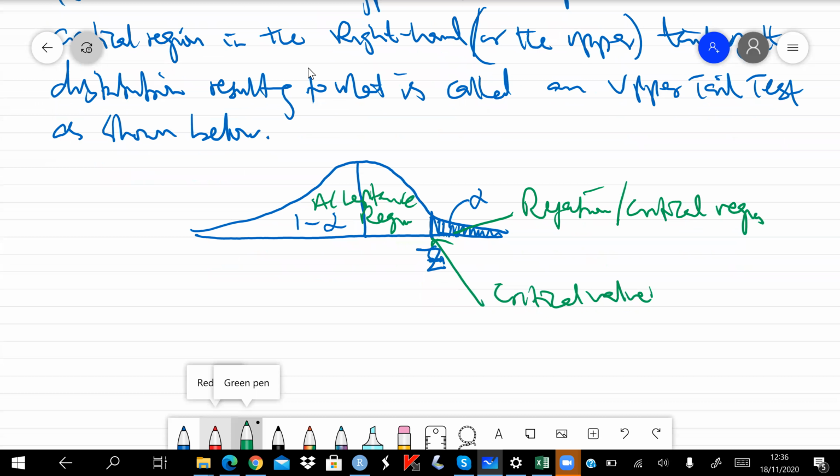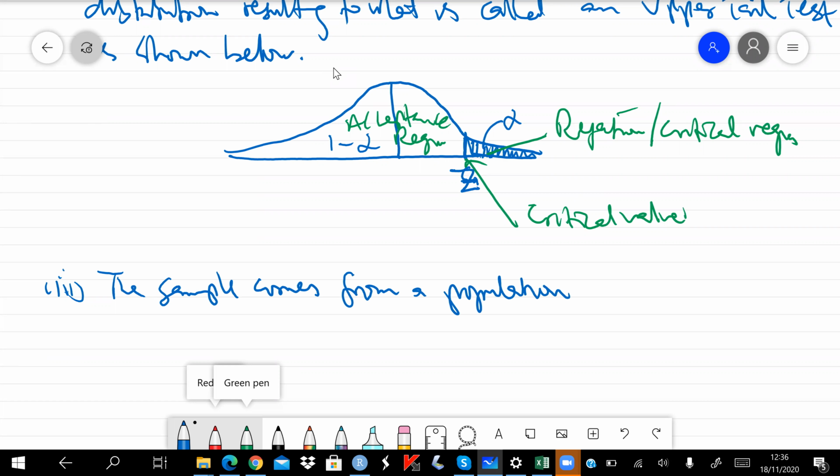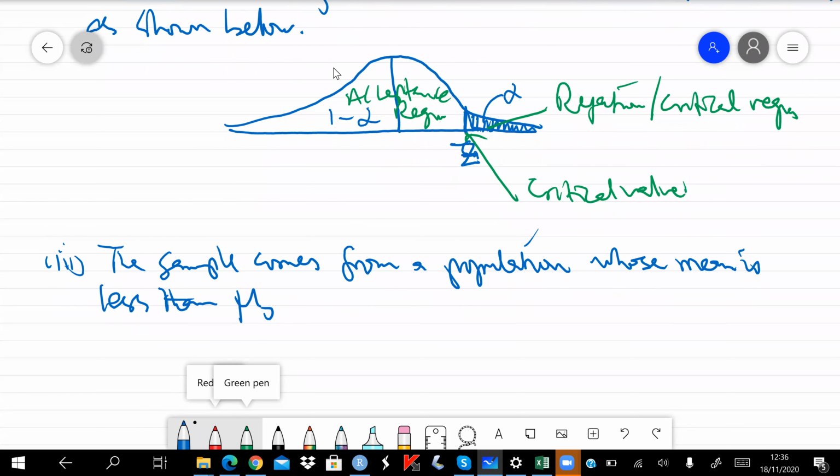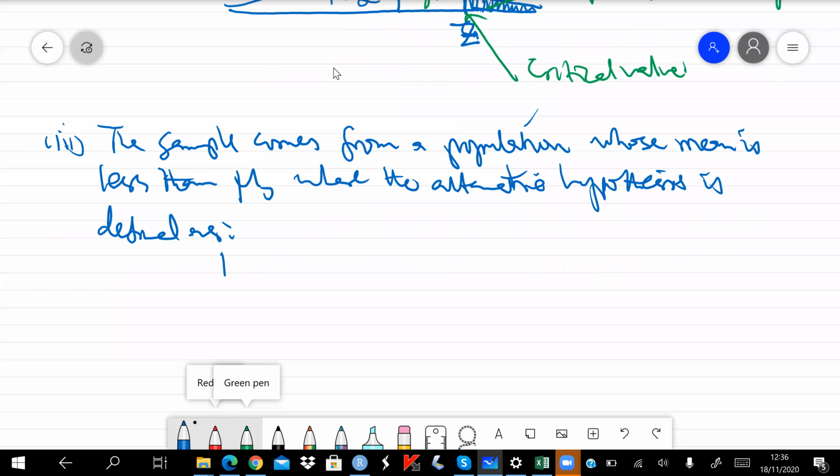Then the third possible meaning is that the sample comes from a population whose mean is less than mu naught, where the alternative hypothesis is defined as H1, mu is less than mu naught.